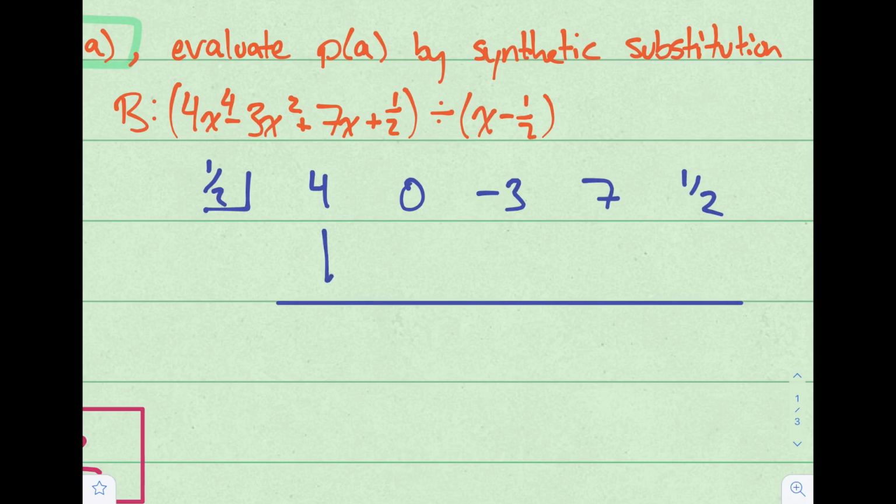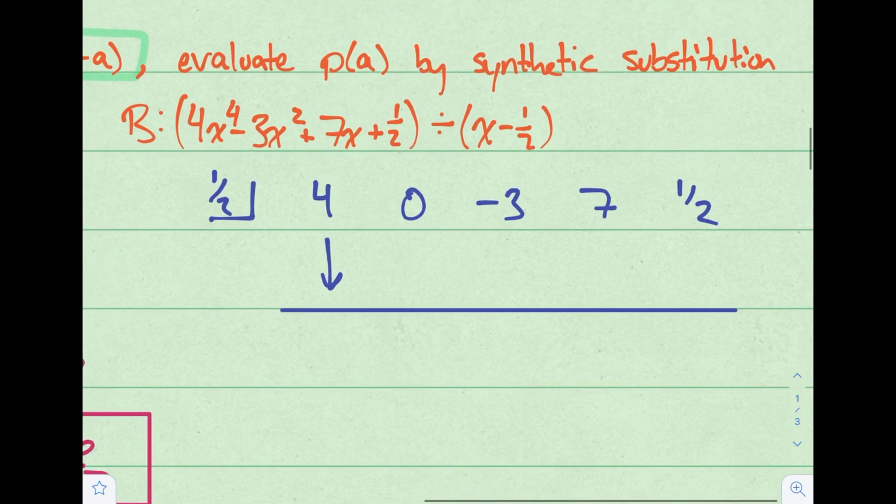So again, we will add down. 4 has nothing to add to. Multiply by 1/2. 4 times 1/2 is 2. Add down. 0 plus 2 is 2. And then multiply by 1/2. 2 times 1/2 is 1. Add down. -3 plus 1 is -2.